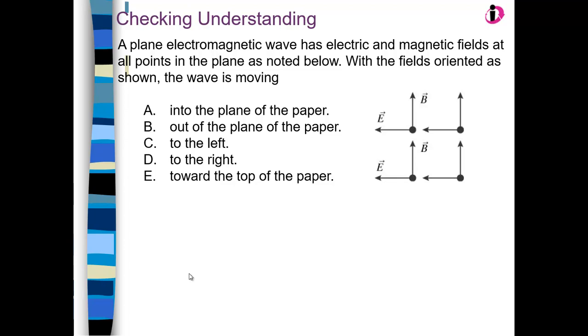So if we take the electric field with our pointer and we point that to the right, and the magnetic field is our middle finger, so you kind of have to turn your wrist around so your wrist is facing up. Magnetic field is facing up, then our thumb is the direction that the wave is moving, and that means that the wave is moving with our right hand along with our thumb, and it's going into the plane of the paper. So A is the right answer.